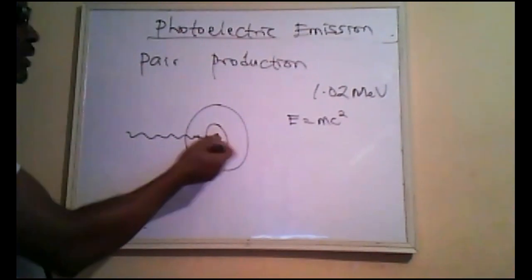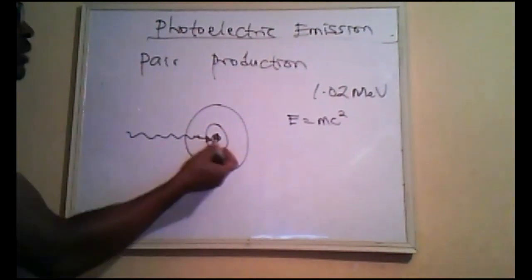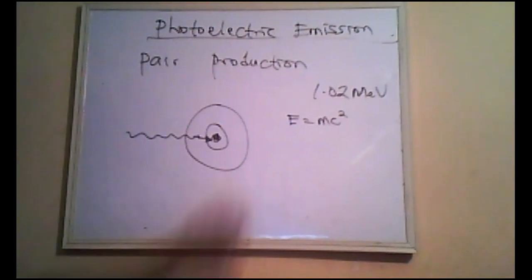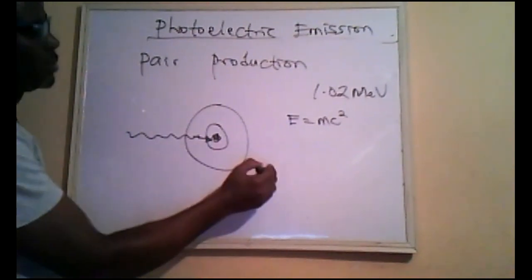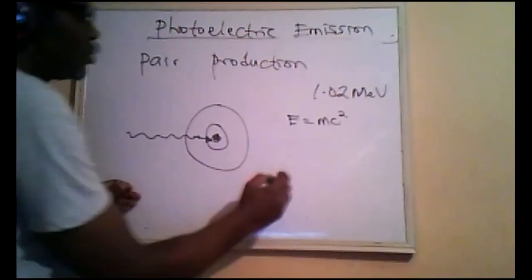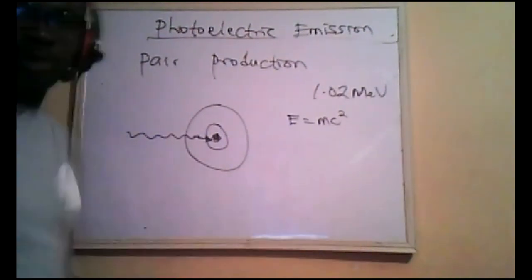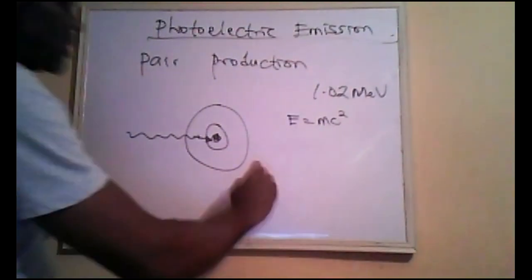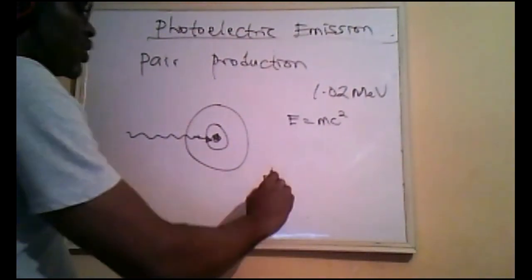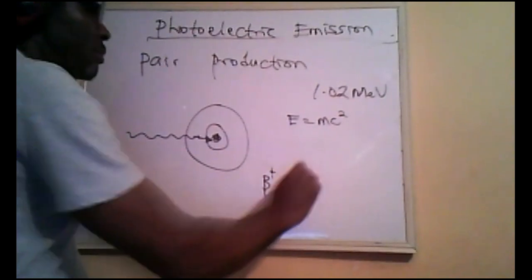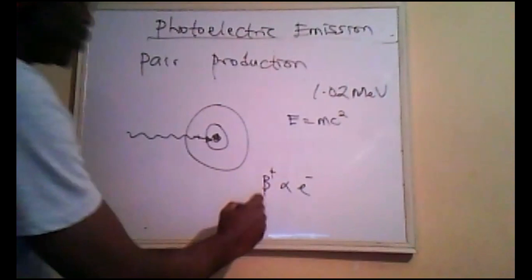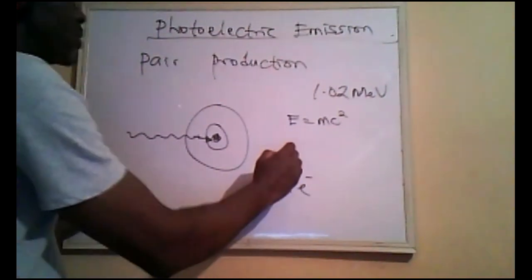In doing that, the interaction will bring about the production of a pair of oppositely charged particles, a positron and an electron.